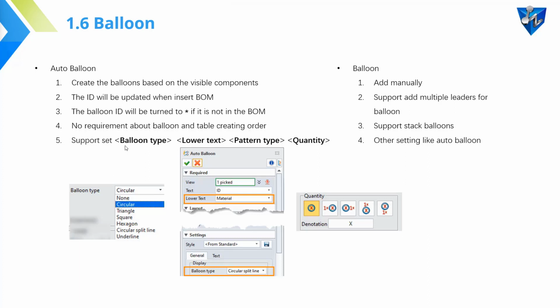And we can set the balloon type, leader text pattern type, quantity, display mode. And also for the balloon, we support adding multiple leaders and also the stack balloons. So that's all for the assembly 2D drawing.